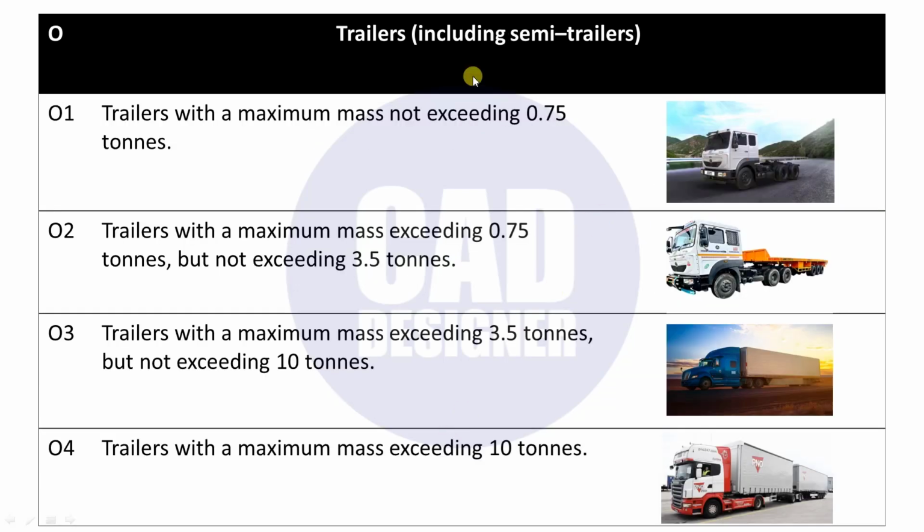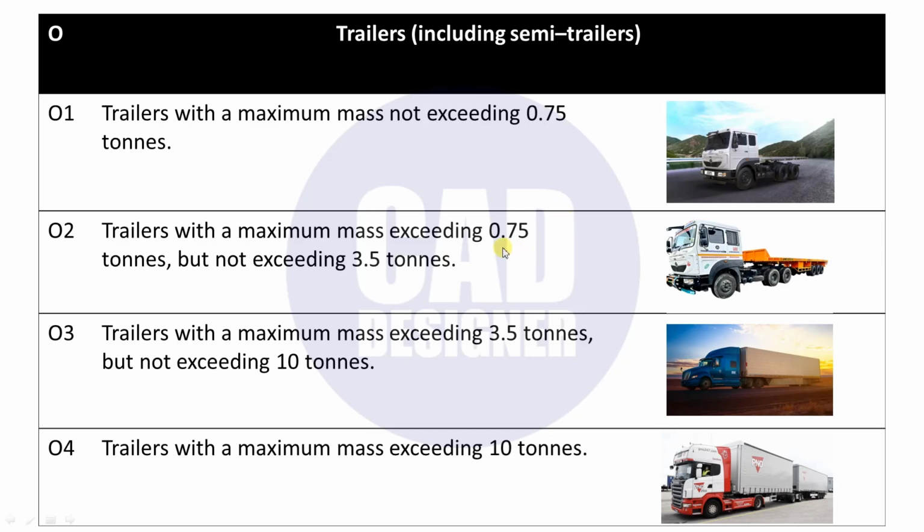Then next is the O category of vehicle. It includes the trailers. Here again it is subdivided into O1, O2, O3 and O4. Trailers with maximum mass not exceeding 0.75 tons fall under the O1 category.